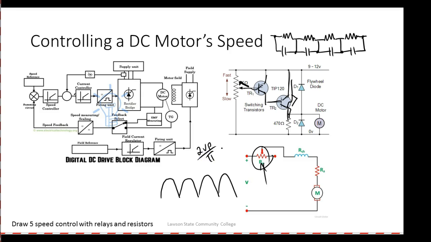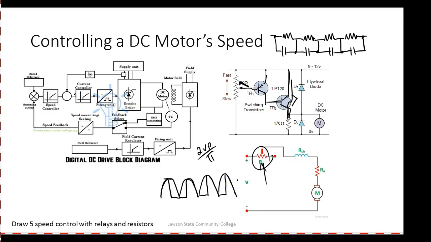If we knew this peak value, we divided that by pi and multiplied by 2. That's what the DC motor would see, and the DC motor would run at that speed. So when we started using these SCRs, we'd literally cut off part of the wave. And now what would happen to the average voltage? The average voltage would go down, and the motor would run at a different speed.